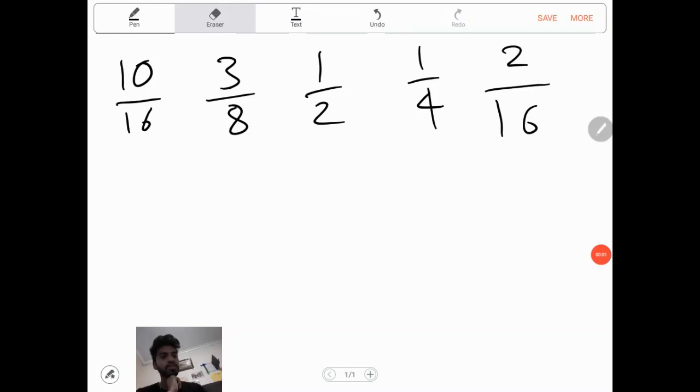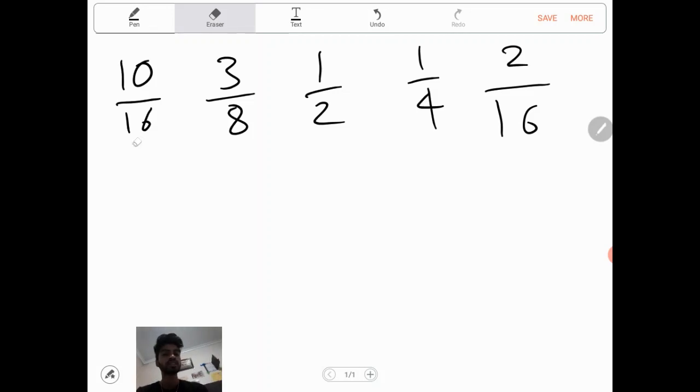The next set of questions is going to ask you to arrange fractions in either ascending order or descending order. Ascending means increasing and descending means decreasing order. Now all of these fractions have a different denominator, so I need to change them to an equivalent fraction where the denominator is the same for all of them.